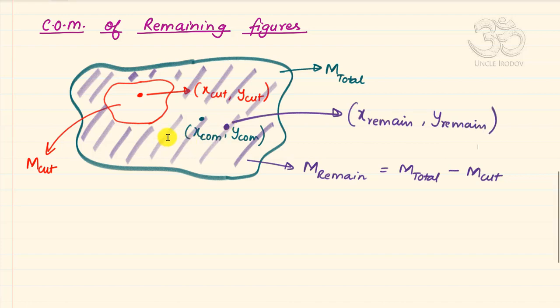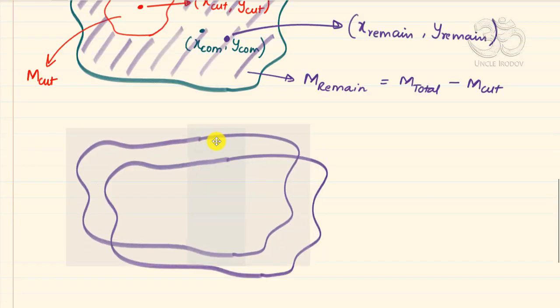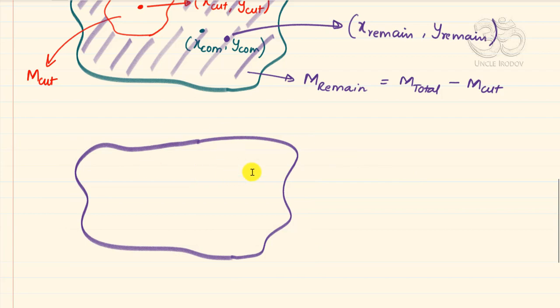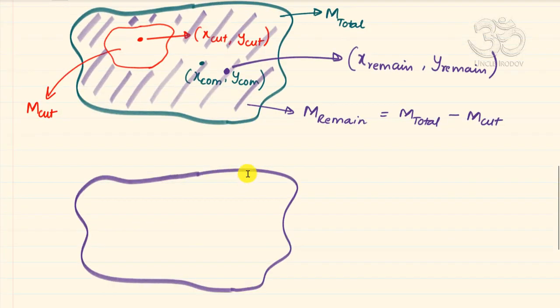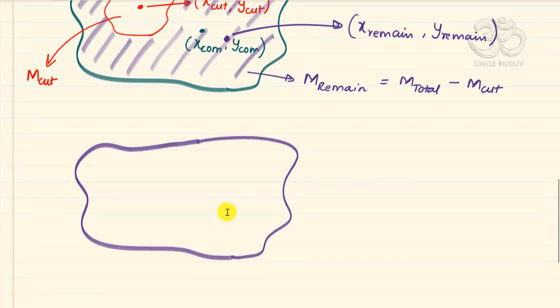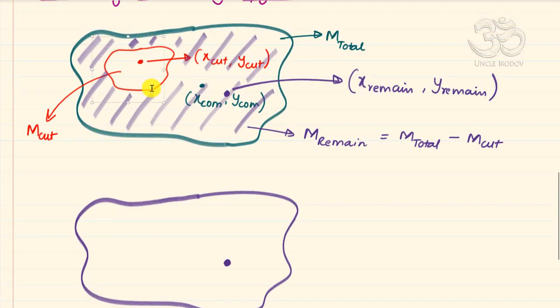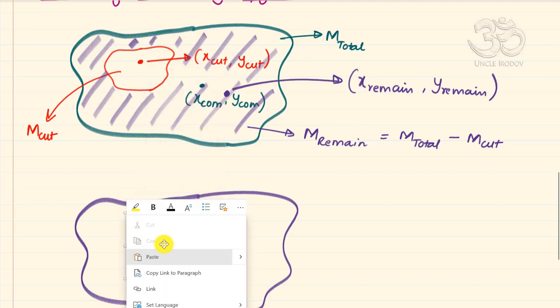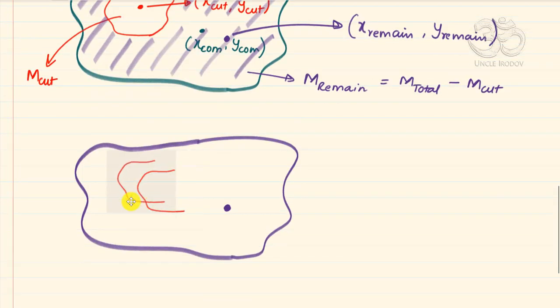Now what I can do is I can solve the inverse problem. So let me say that there is one body which is the remaining body whose center of mass is somewhere here. This is the center of mass of this entire portion, which is remaining after this central part was cut. So let me take that.